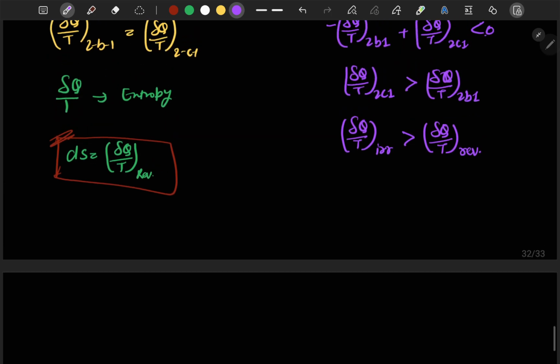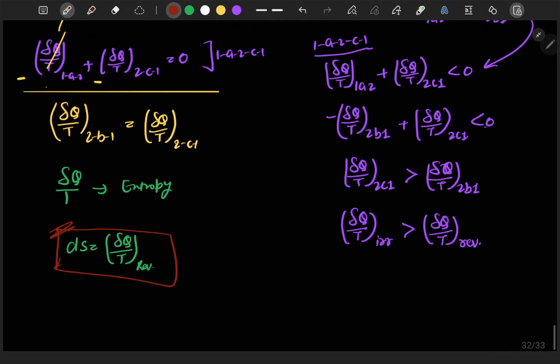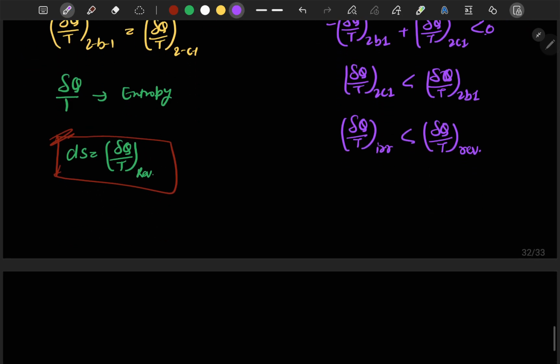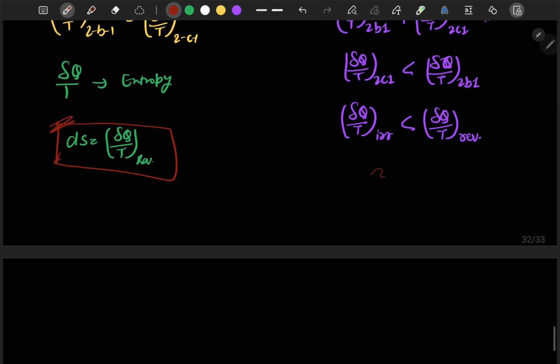From here we get the value. This del q by T at reversible is also termed as dS. Okay, sorry, this sign should be like this. Hence we can write from here that dS is always greater than del q by T for irreversible.